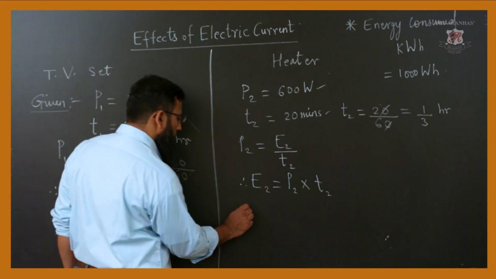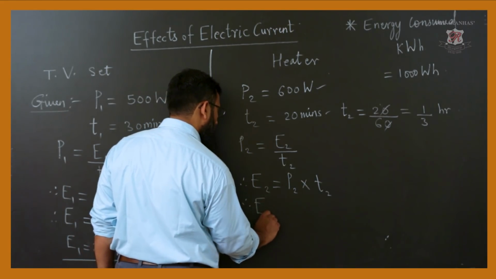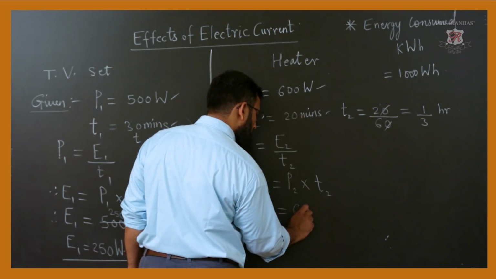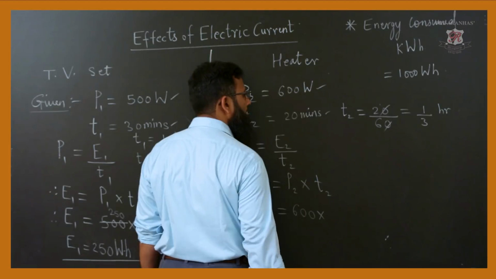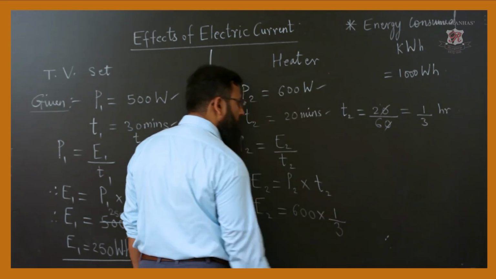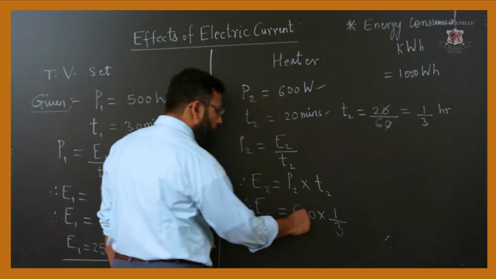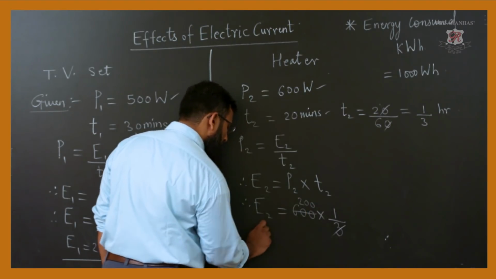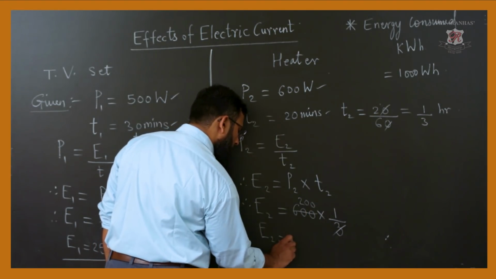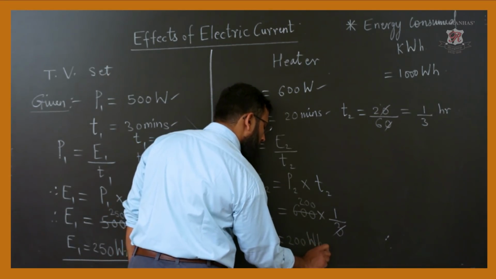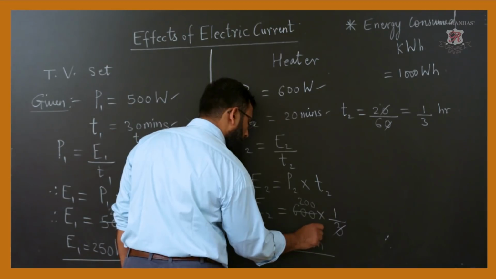Whereas in case of E2, P2 is 600 and the time duration is 1 by 3 hour. So, if we solve this further, we get energy consumed is 200 watt hour.